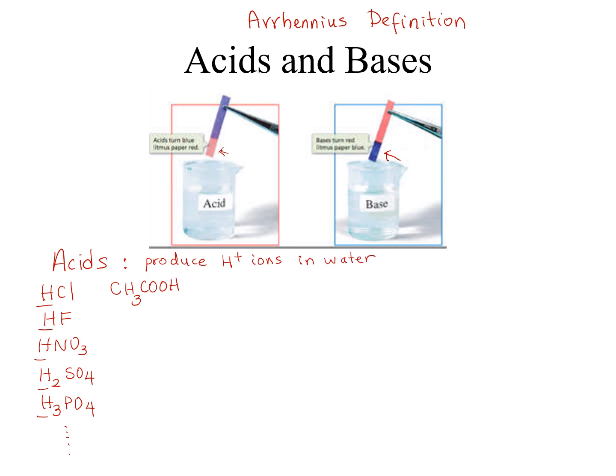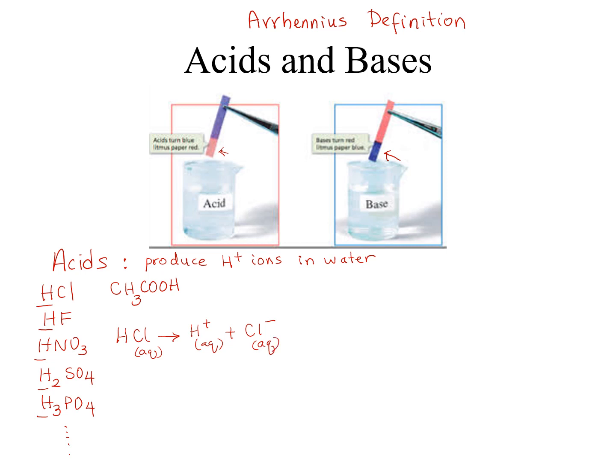So when an acid dissolves in water, for example hydrochloric acid, I'm going to write aqueous, dissolved in water, it produces H plus ions. So it's going to break down to H plus and chloride ion.